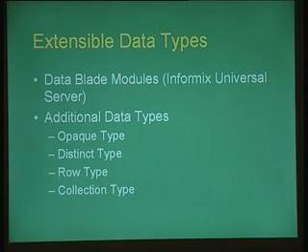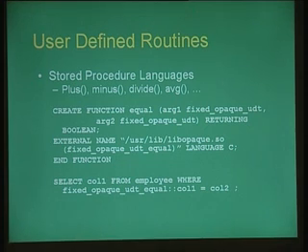And then there are distinct types, and you have the notion of a row type, that is, you can define a tuple as a type, and a collection type which is specified in the ODMG standard as well. Then user defined functions are provided in the form of stored procedures.